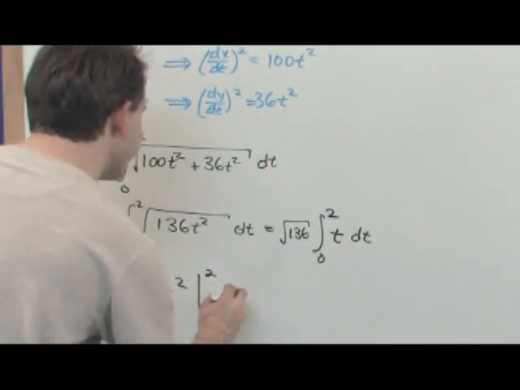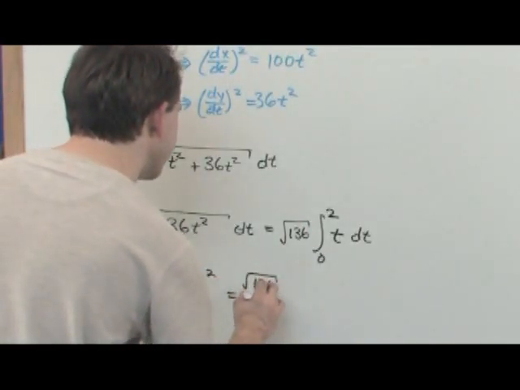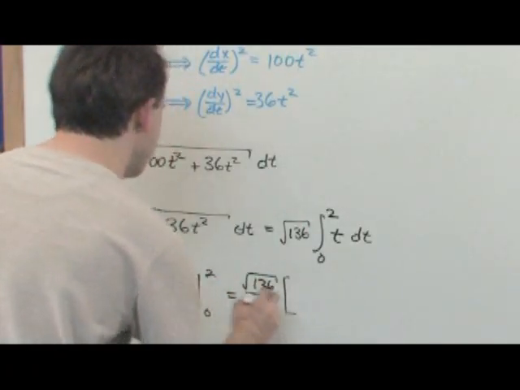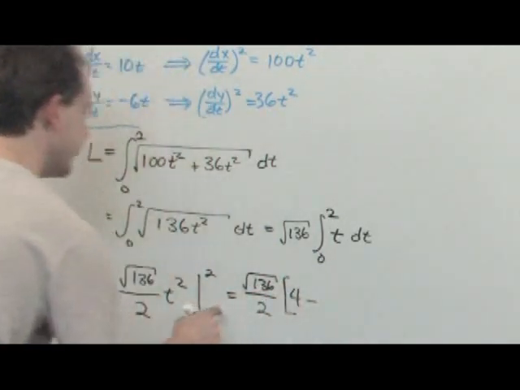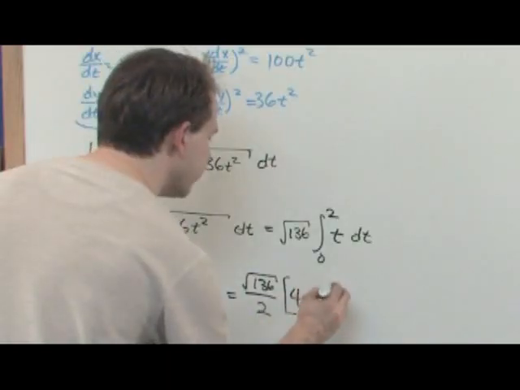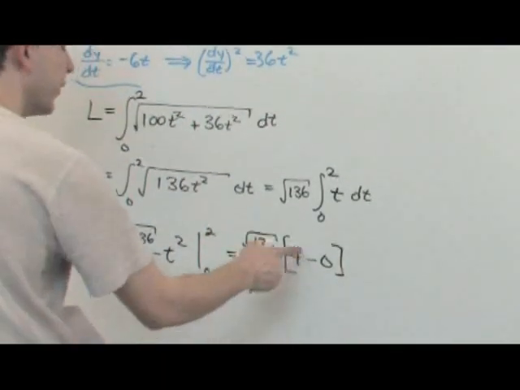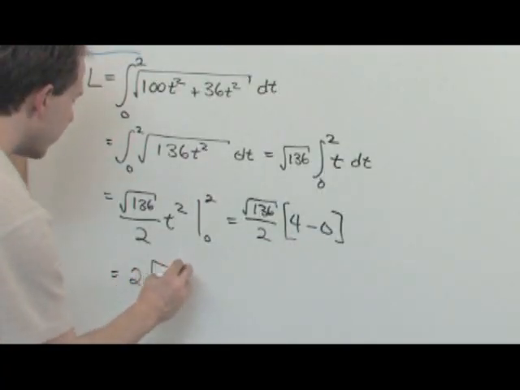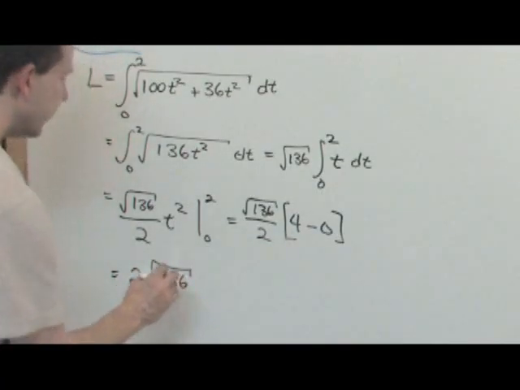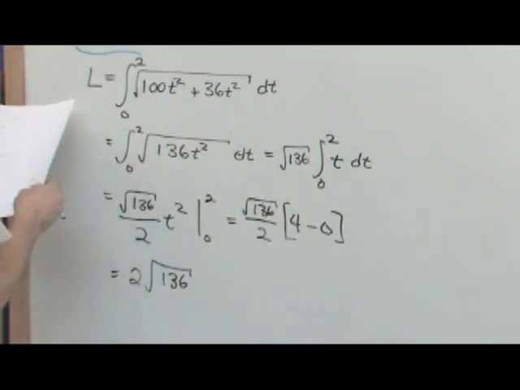So I'm going to have root 136 over 2, and evaluating at 2, 2 squared is 4, minus 0 squared, which is just 0. So I'm going to have a nice little cancellation here. I'm going to get rid of this 2 on the bottom. So in the end, I'm going to have 2 times the square root of 136, because 4 divided by 2 is 2.